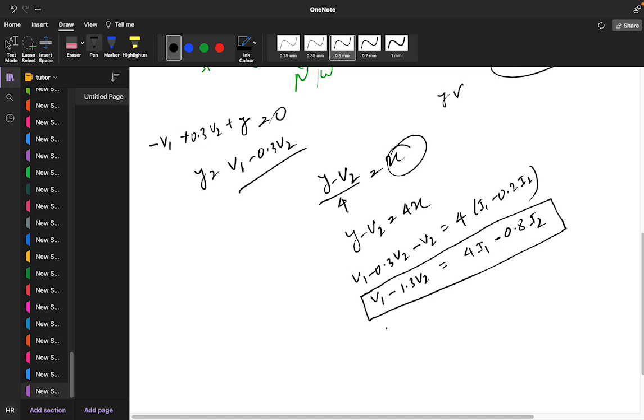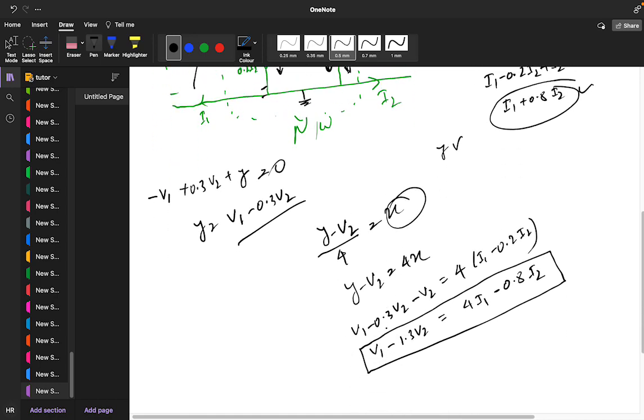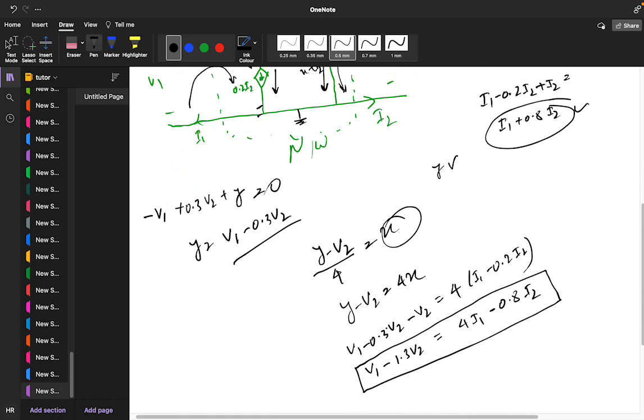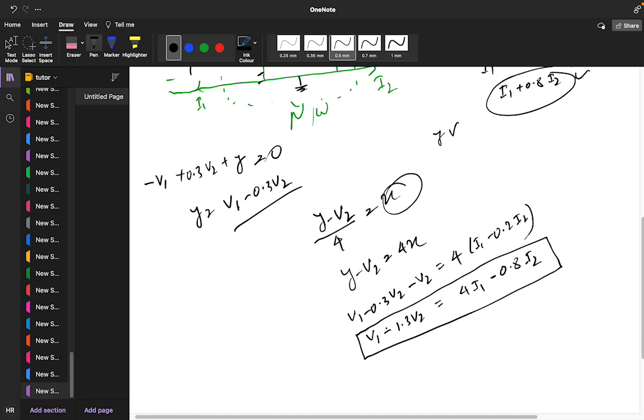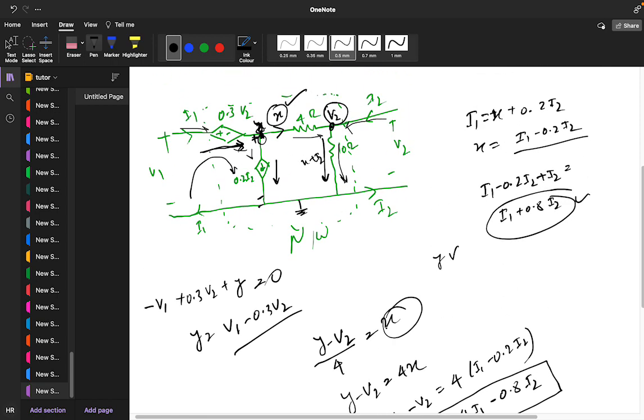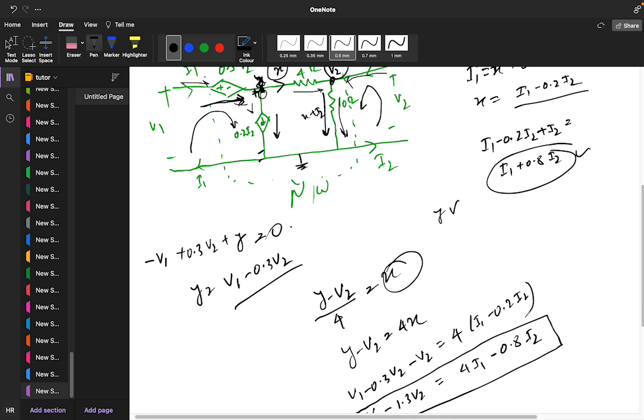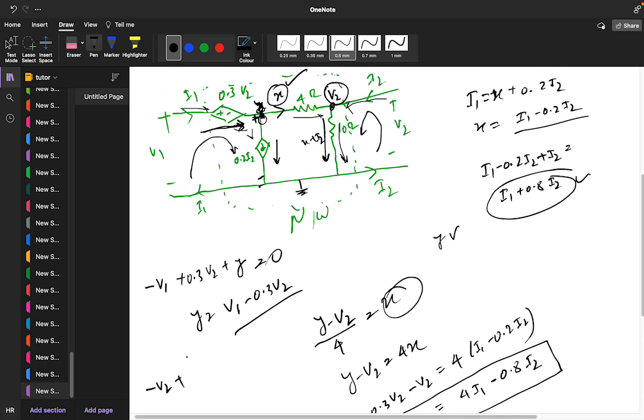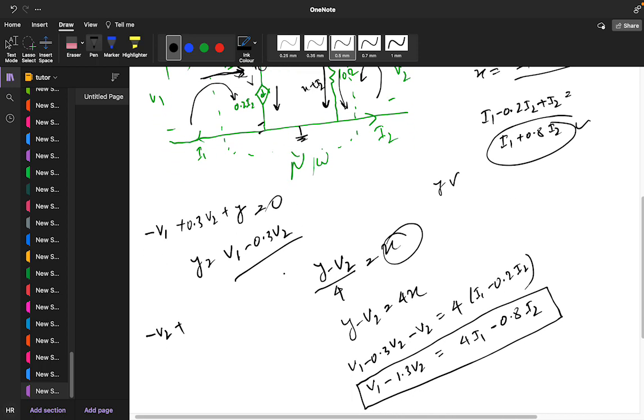Now we need to find some relations, or you can manipulate the circuit. Let me discuss if you apply the nodal analysis here. What will you get? Minus v2 plus x plus I2 into 10 equals 0.